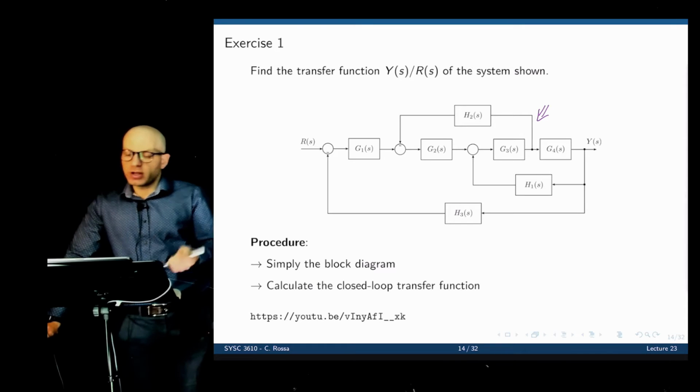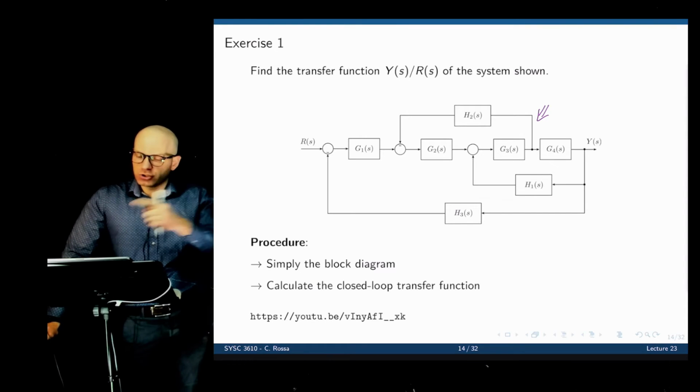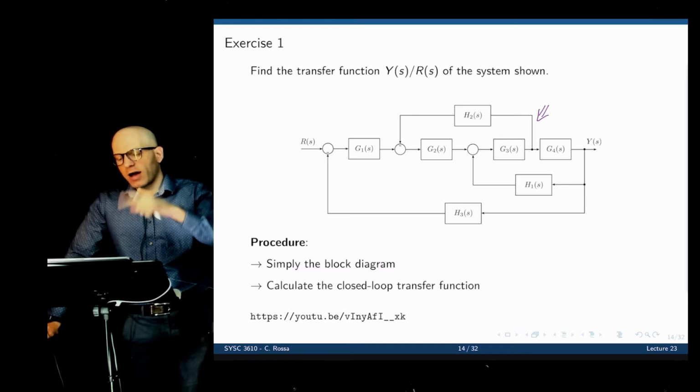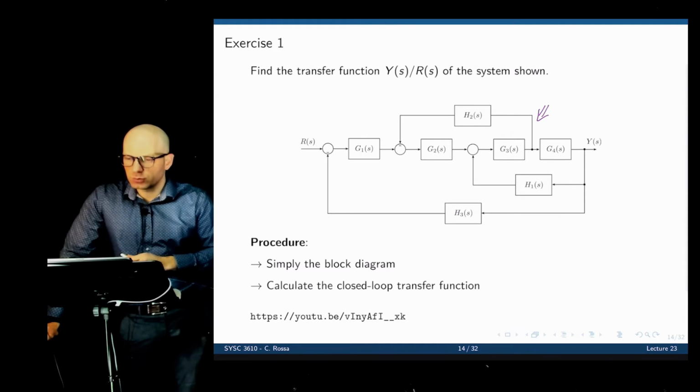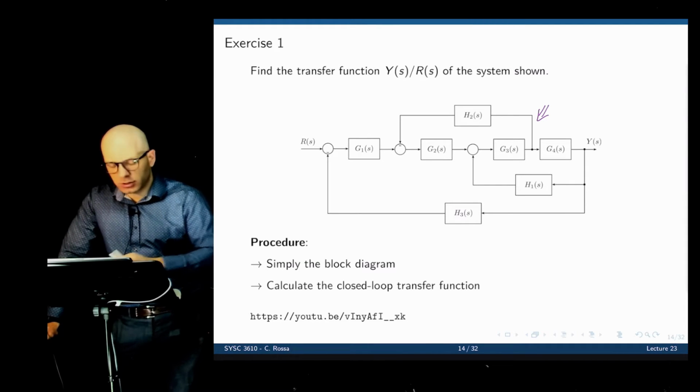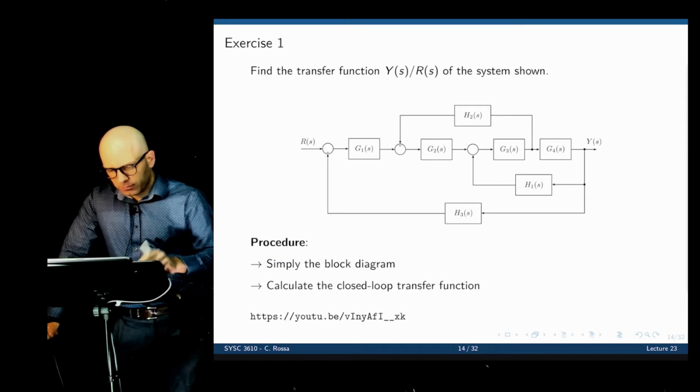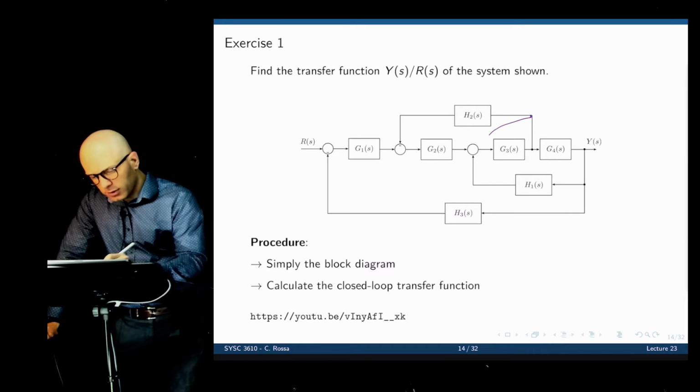Now, should we move it ahead of block G3, or should we move it after block G4? Which one would make the simplification easier? Should we move this point right there or right there?